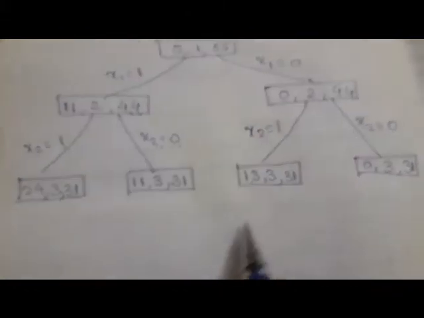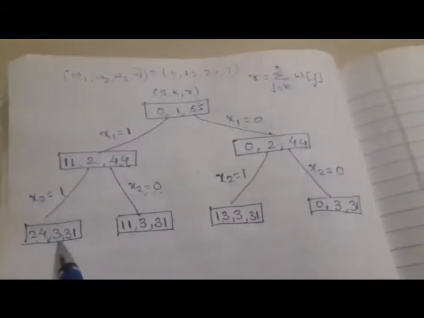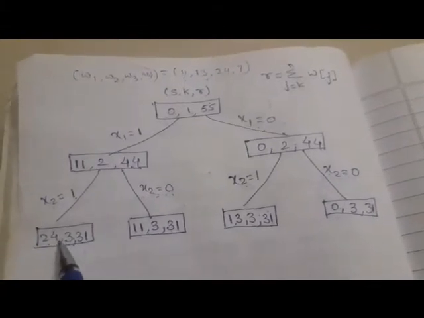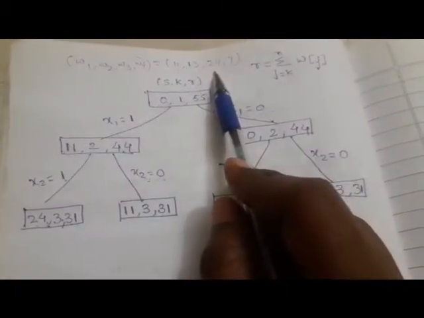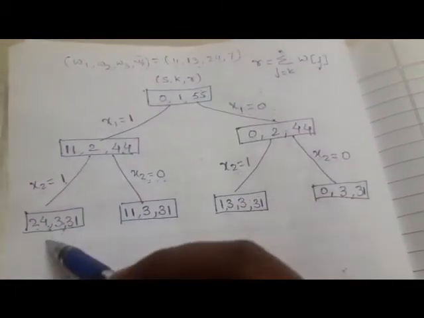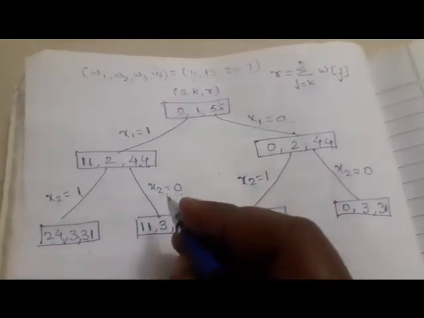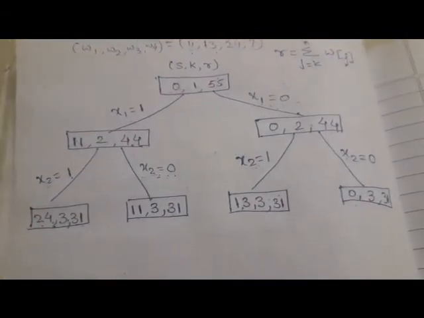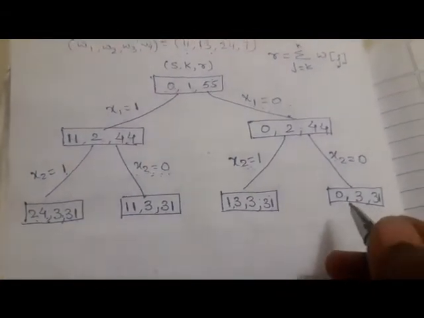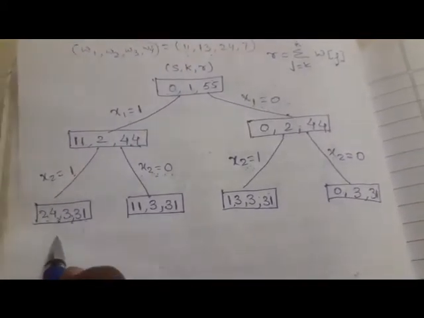Now again, if we add 24, now in this node it is already 24. If we add 24, then we will not achieve the sum, its sum could not be 31, it is more than that. So that's why we will not include it here.